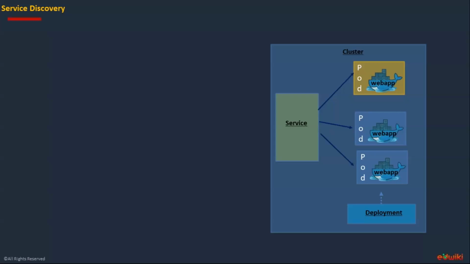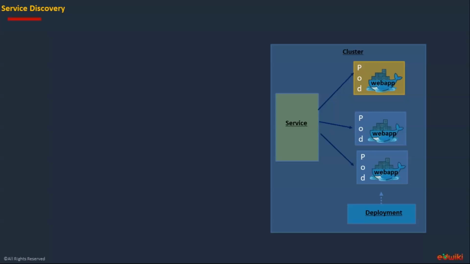How do I control that? I should not send any traffic to the pod unless the pod is completely ready to accept the traffic, correct? That is where I need to do some health checking. Hey deployment, please do a health check of my pods, whatever is newly created. Once the health check has passed, then only allow it to receive the traffic from the services, or else no. That's good, right?